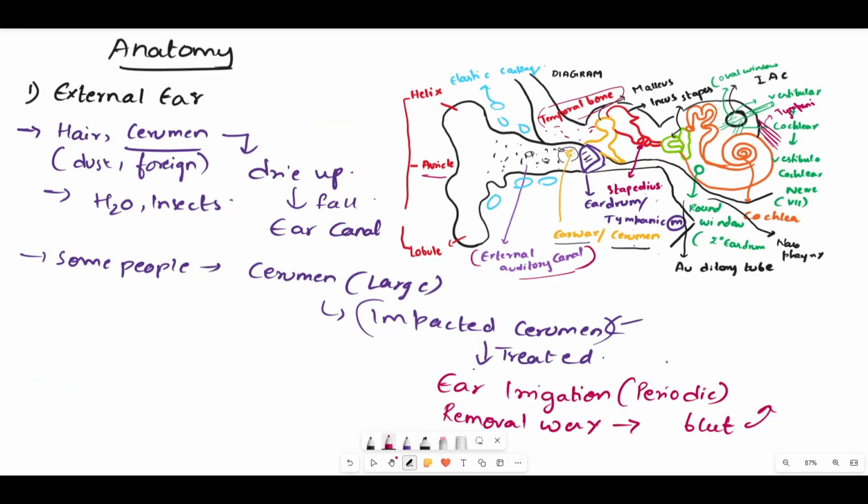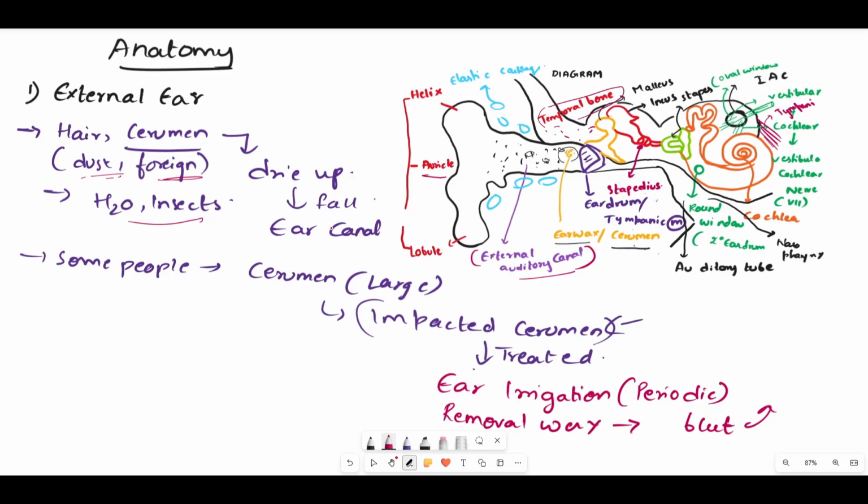We already said that this external auditory canal is filled with large amounts of hair and cerumen. This hair and cerumen are useful for preventing the entry of dust and foreign particles, and they also protect the external ear from water and insect damage. This cerumen normally gets dried up.